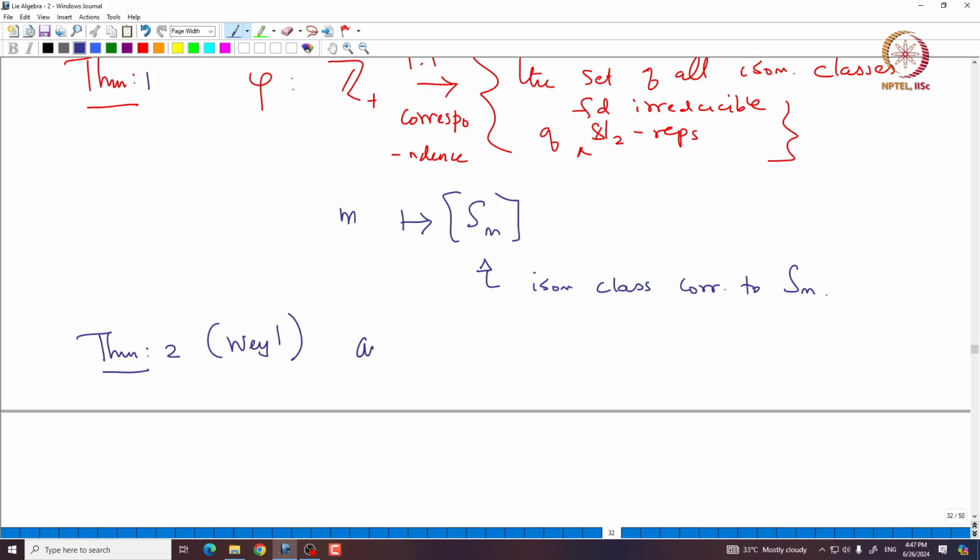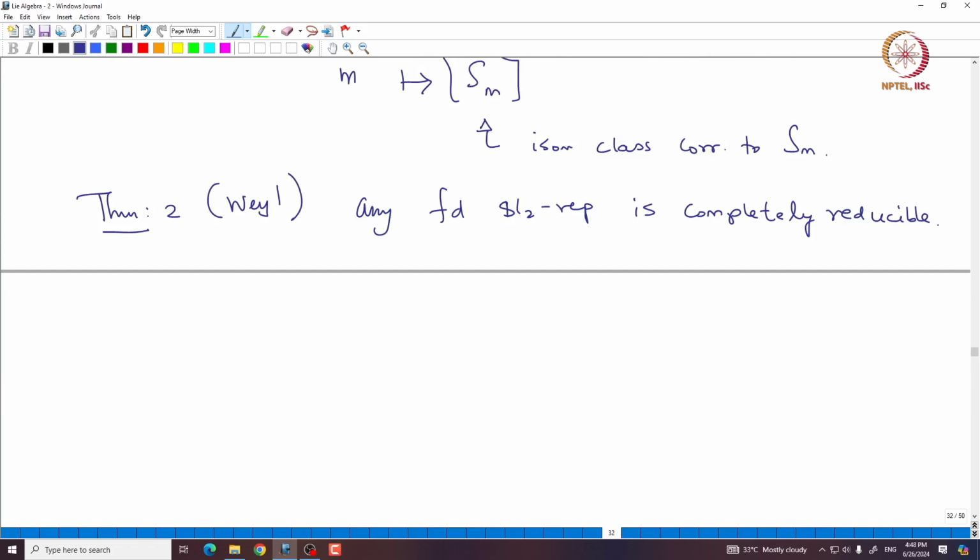That says any finite dimensional sl2 representation is completely reducible. So, that means, as a corollary, any finite dimensional representation of sl2 can be written as a direct sum of these Sms.